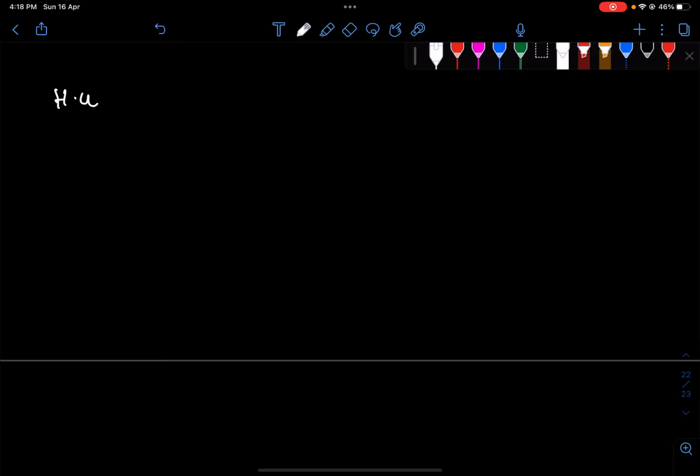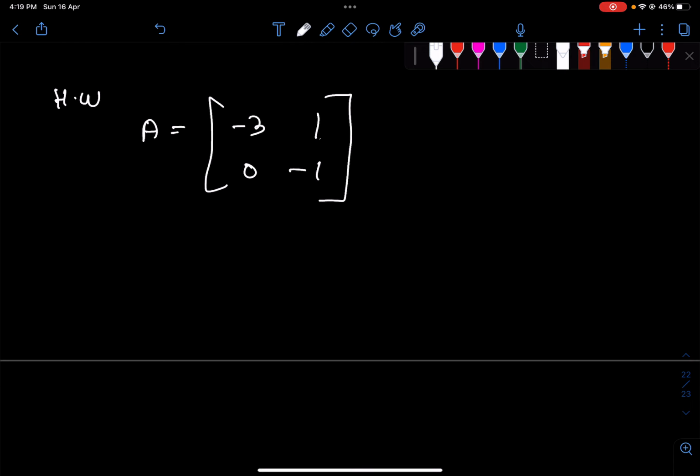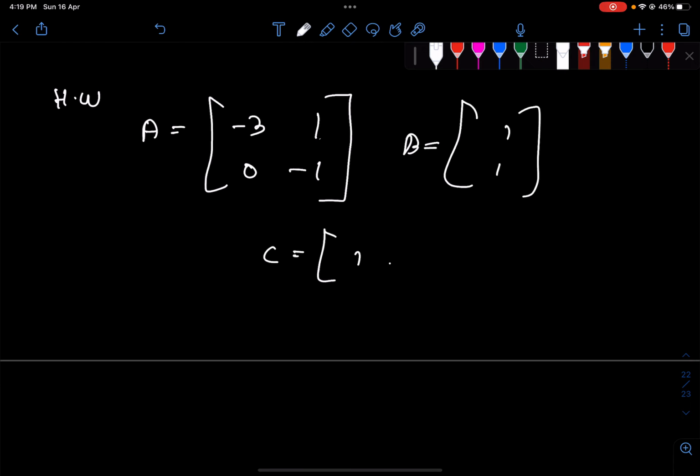So one homework. A equal to [−3, −1; 1, 0]... sorry, it is [−3, 1; 0, −1]. B is equal to [1; 1], C equal to [1 1], D is equal to 0. Pause the video here, try to complete the answer.